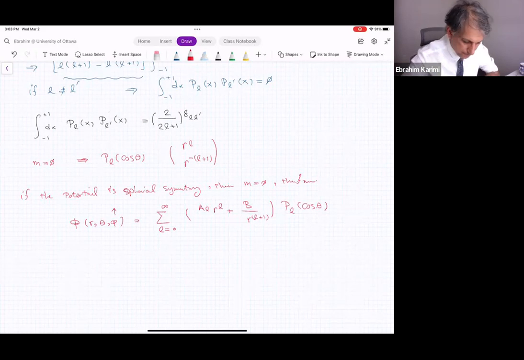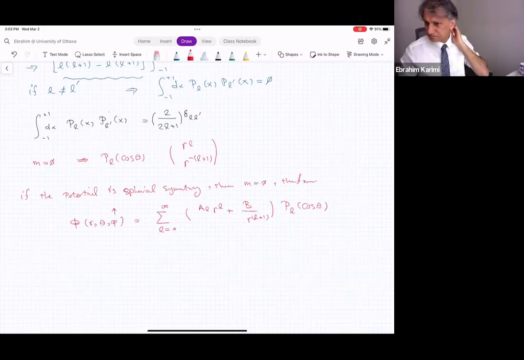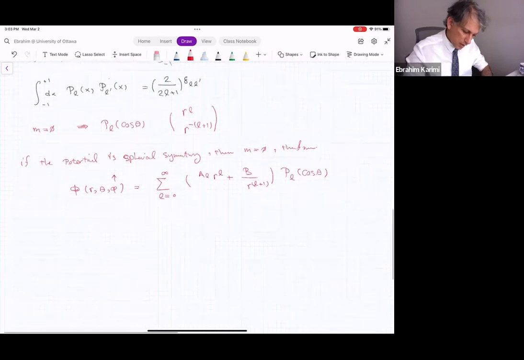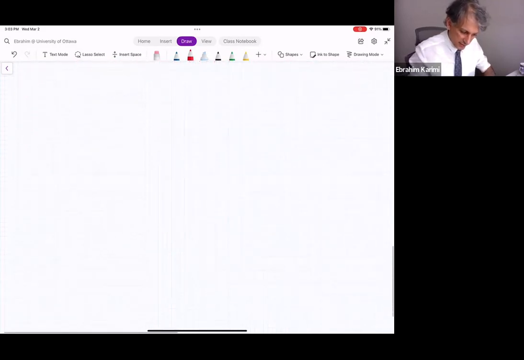Okay, fantastic. So should we solve a problem based on that? For a system with cylindrical symmetry, assuming that I have a sphere.